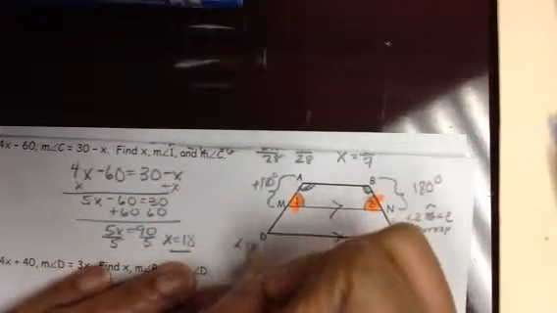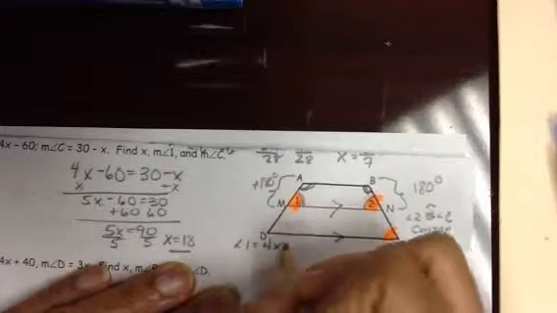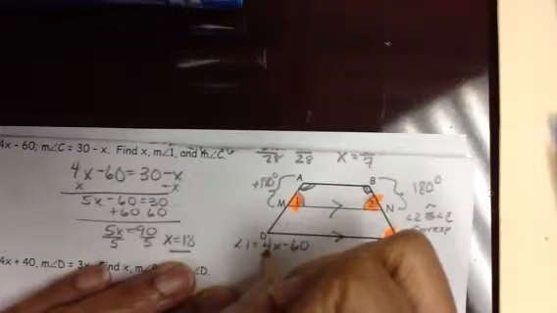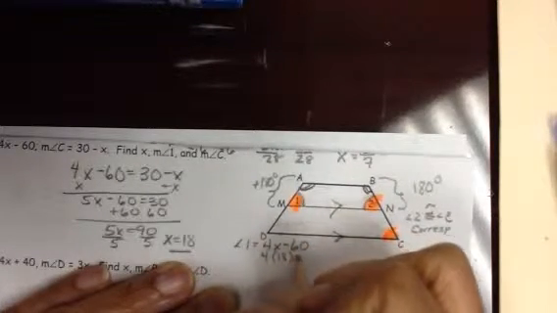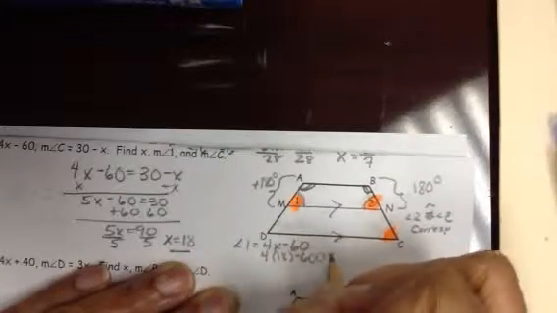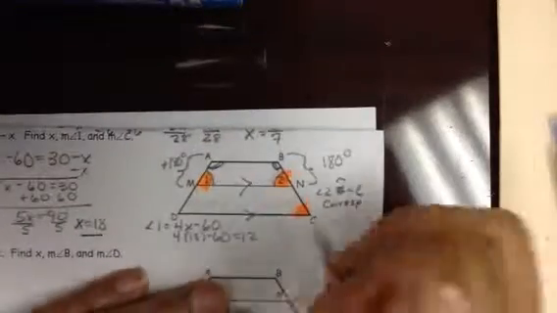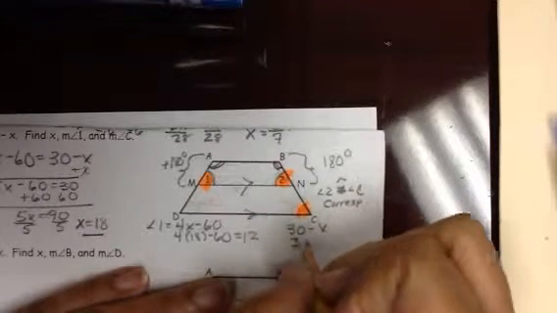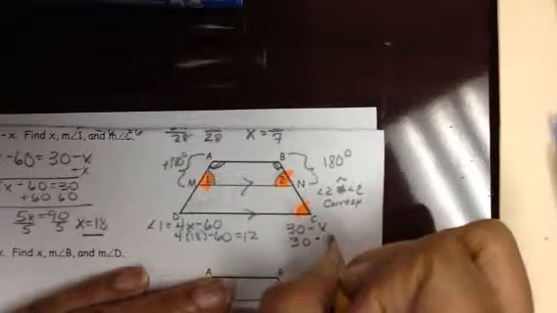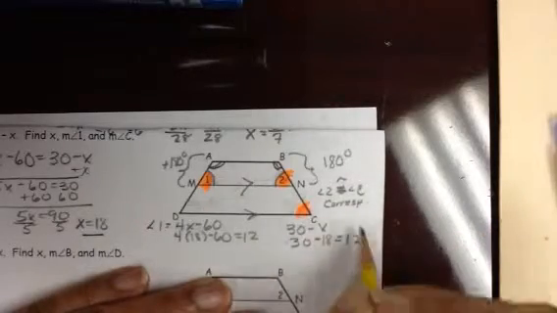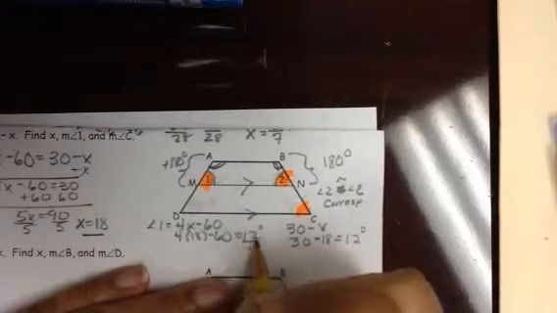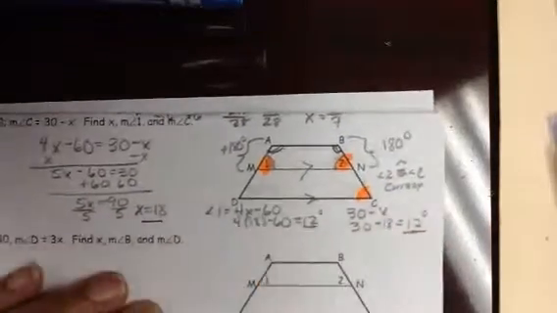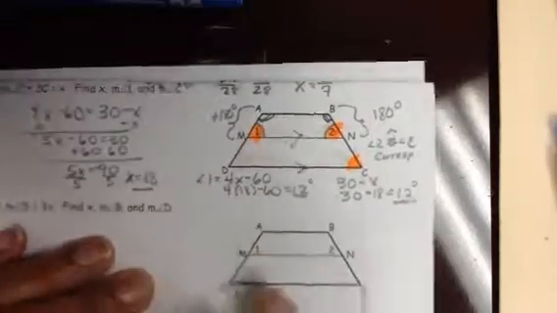So angle 1 is 4x minus 60, or 4 times 18 minus 60, or 12. And angle C is 30 minus x, or 30 minus 18, which is also 12. So those two angles are 12 degrees, and x is 18.